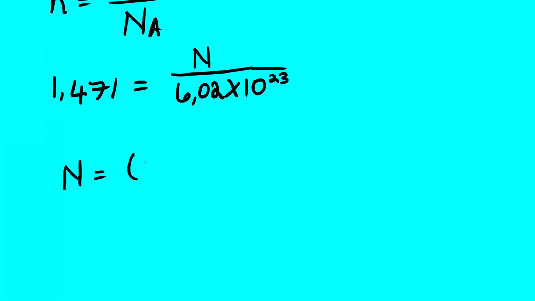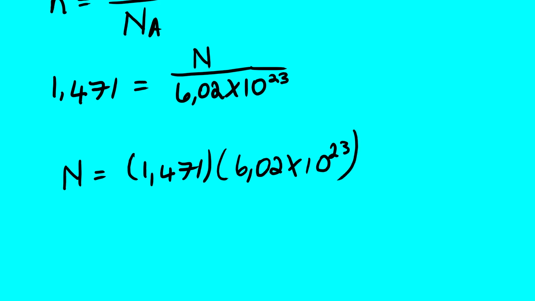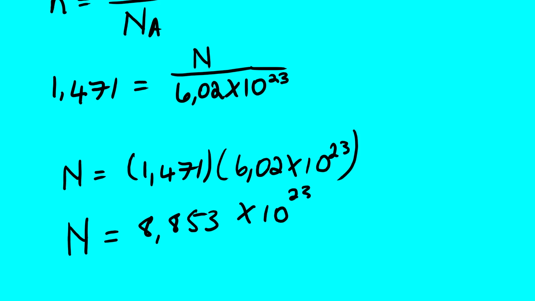N is equal to 1.471 multiplied by 6.02 times 10 to the power 23, which gives 8.853 times 10 to the power 23 molecules. This is our answer.